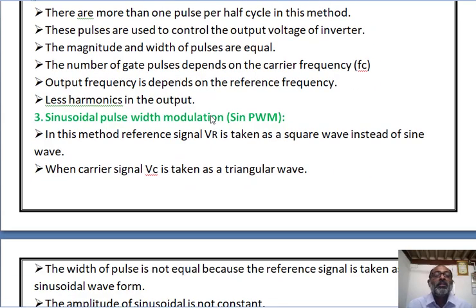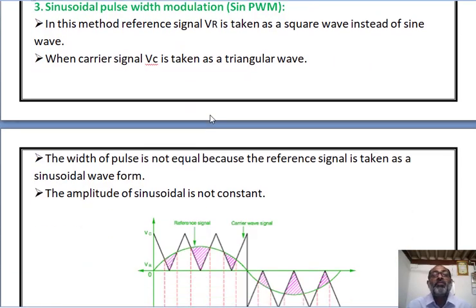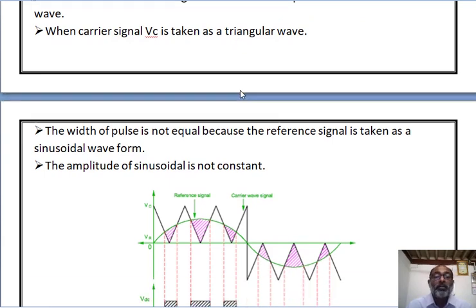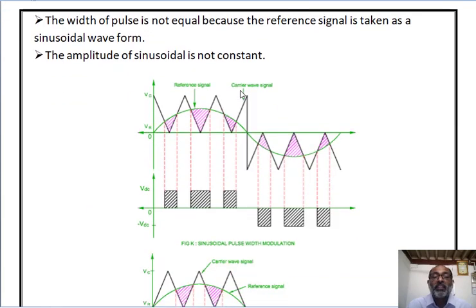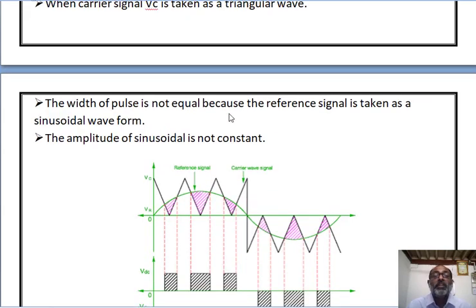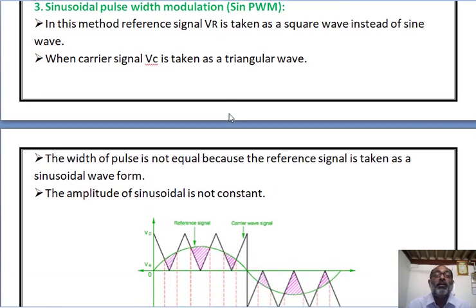Now next, sinusoidal pulse width modulation, that means sine PWM. In this method, here you can see the carrier signal is in a sinusoidal waveform instead of a triangular waveform.